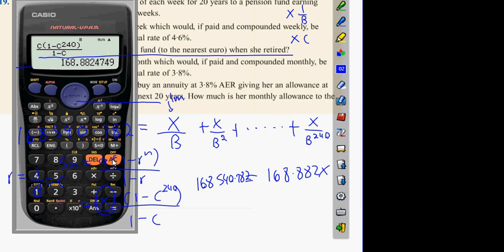So what we get this time is 168,540.782 divided by answer. It's stored, isn't it? Divided by answer. Okay, because the answer is stored there already. The answer will give me a better one.